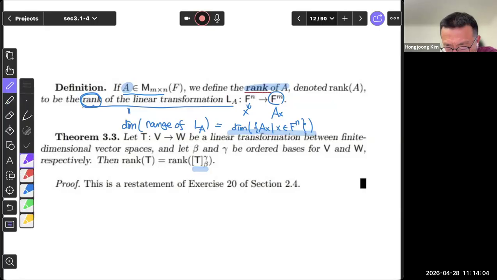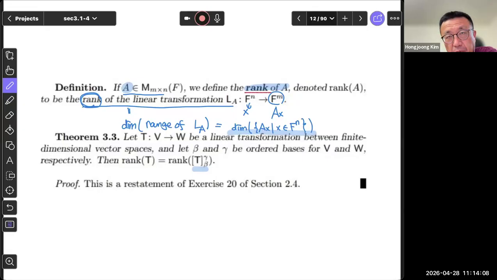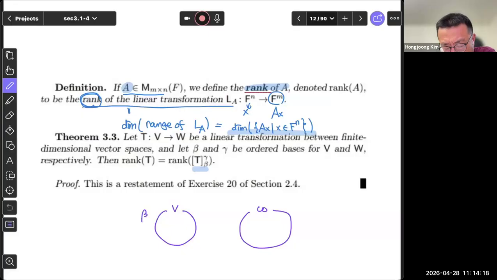So here, T is a linear transformation from V to W. And beta is a basis of V space, the domain. Gamma is a basis of W space.